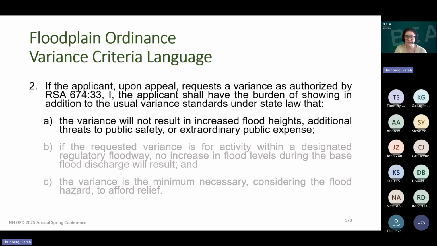Variances that allow the construction of habitable areas below the base flood elevation, especially in high hazard areas such as floodways and areas adjacent to the coastal zone V, all increase the risk to life and property of both the occupants and emergency services personnel.